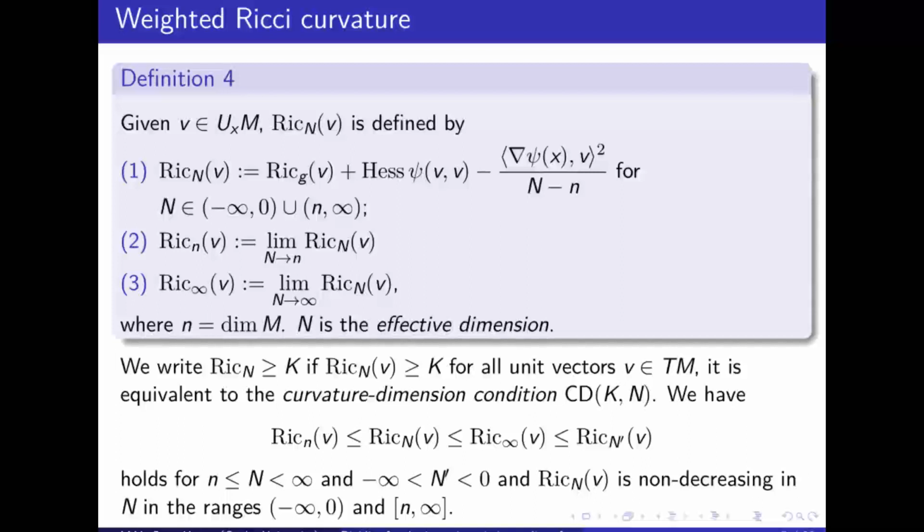For positive curvature bound, when K is positive, if the effective dimension N is positive, the manifolds are compact. But for negative effective dimension N, in general, the manifold is non-compact. It's interesting that even with a positive curvature bound, we have non-compact spaces.